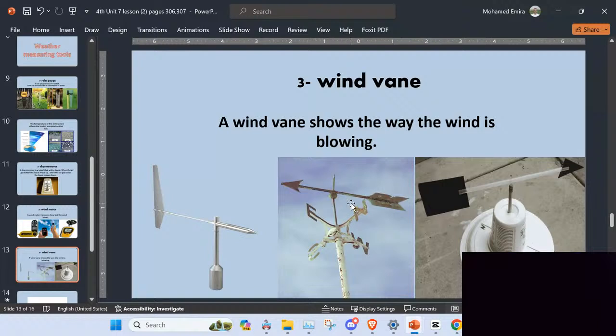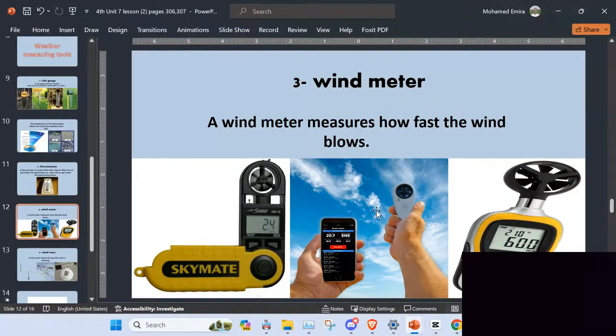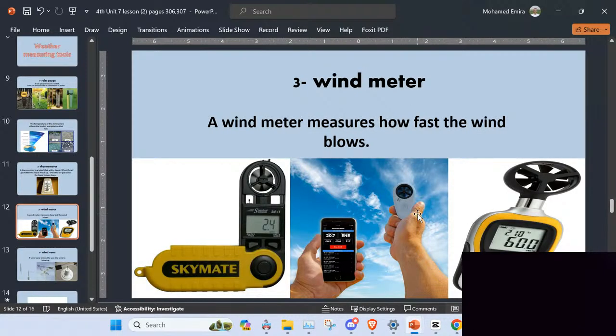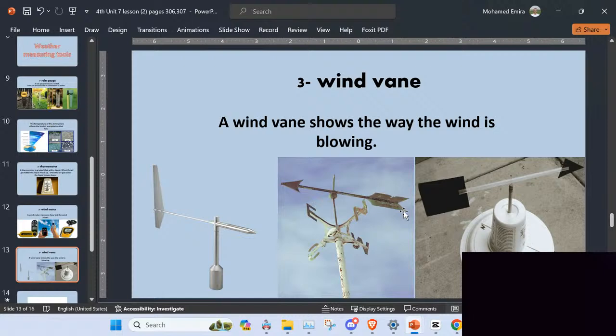You leave the arrow in the air, you let the wind move it, and you know the direction. So the difference between wind meter and wind vane is that the wind meter measures the speed of the wind, and the wind vane measures the direction of the wind.